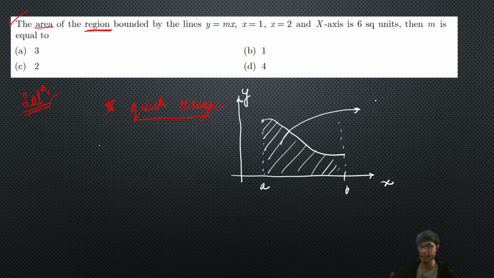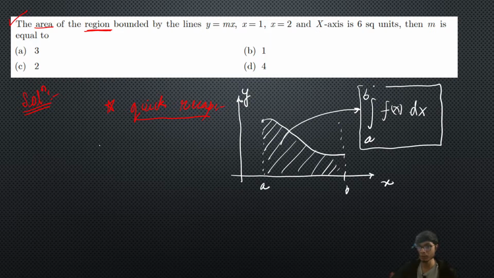This particular area is given by the definite integral a to b f of x dx, as simple as that. But the problem is that when we evaluate this definite integral, I am going to have values with sign. That's why we say that the definite integral returns an algebraic value.